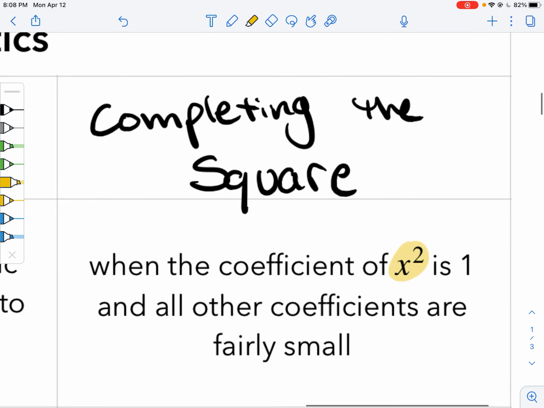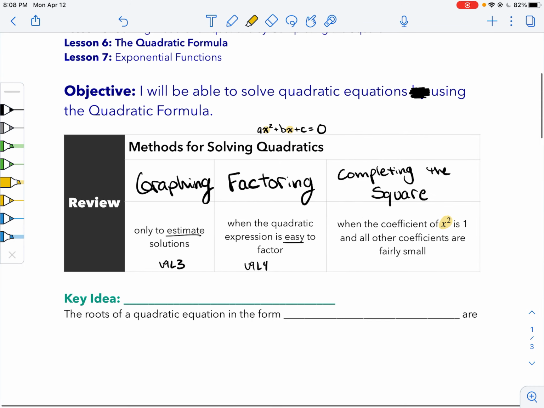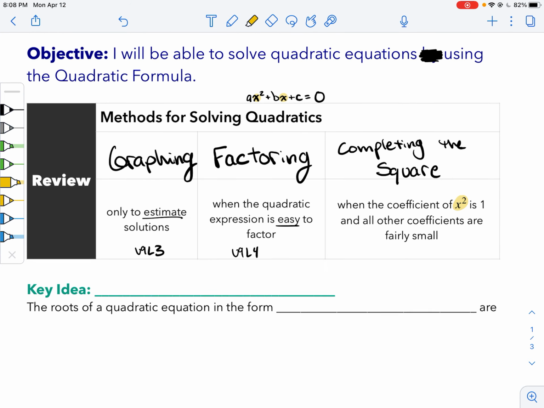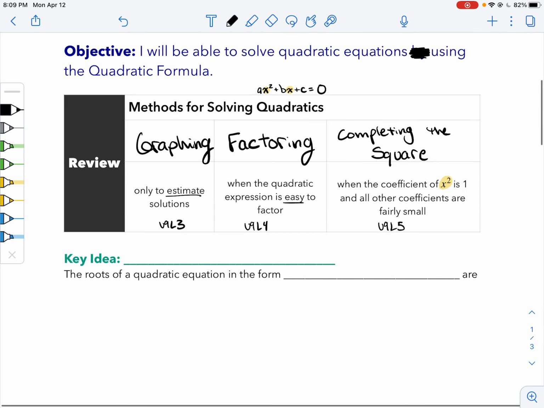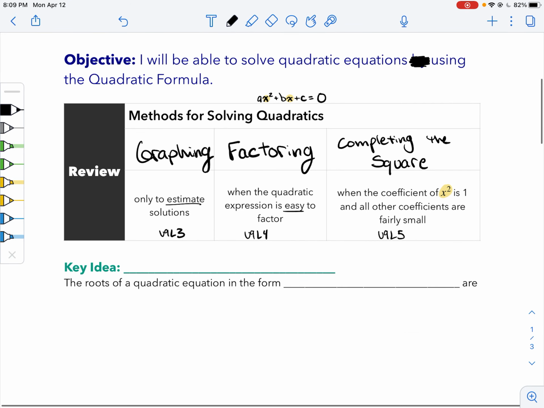So completing the square is like an ultimate shortcut. We did completing the square yesterday. These methods are all good for those specific situations.